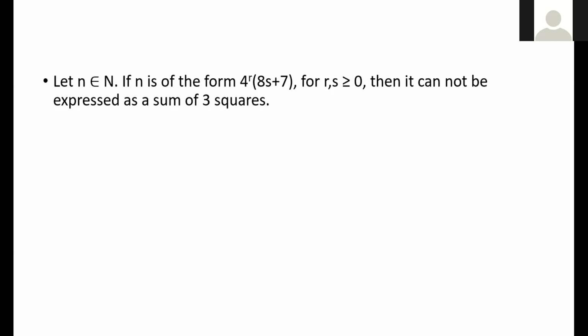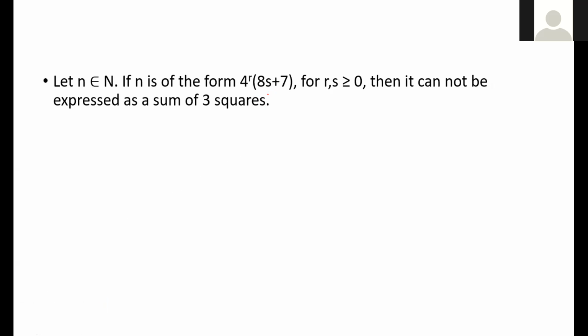One thing to note here is that the number is of the form 4 to the power r into 8s plus 7. Let's not talk about the congruence yet. We try to prove this in two steps. We first look at when r is equal to 0. Basically, the number takes the form 8s plus 7, which means the number is congruent to 7 modulo 8.